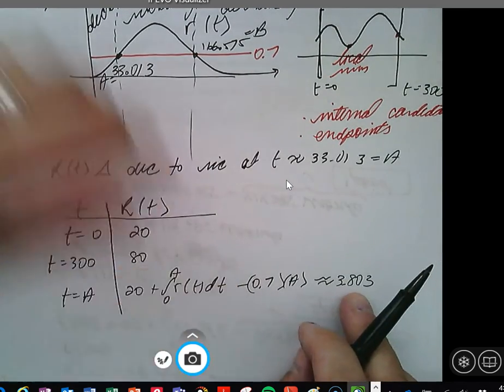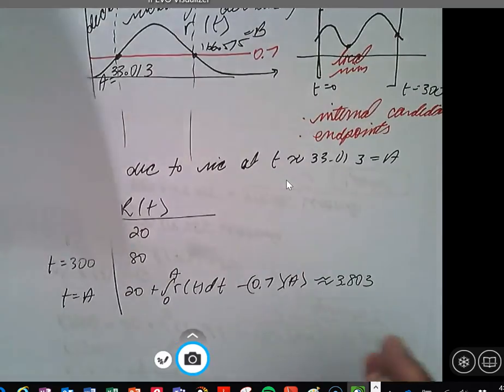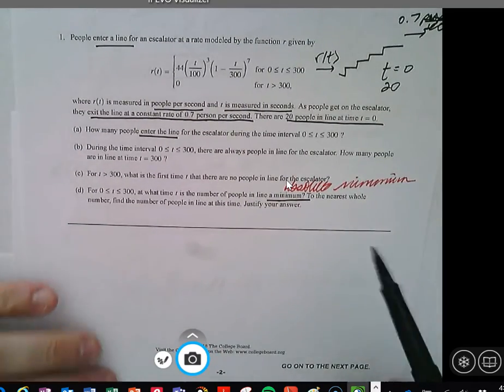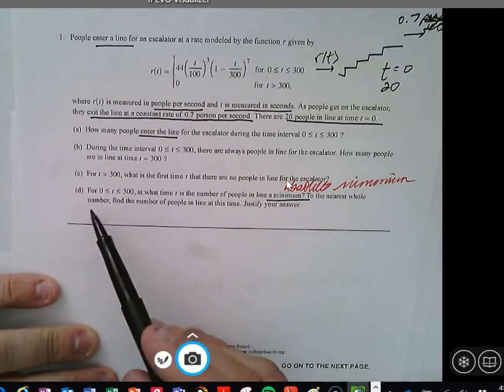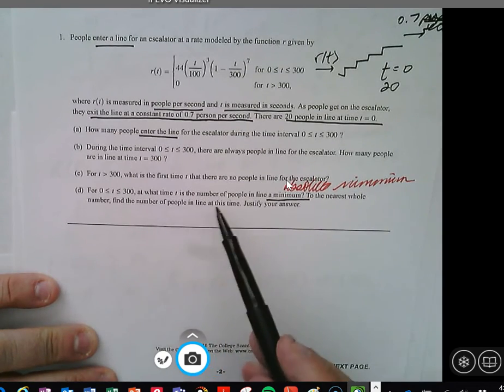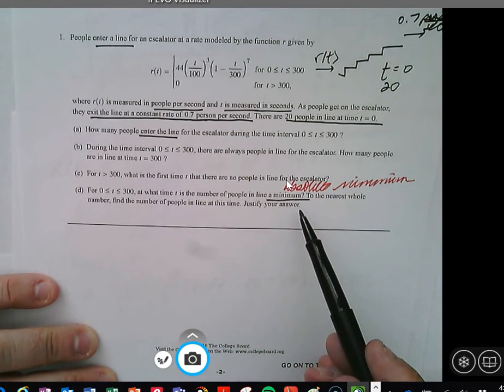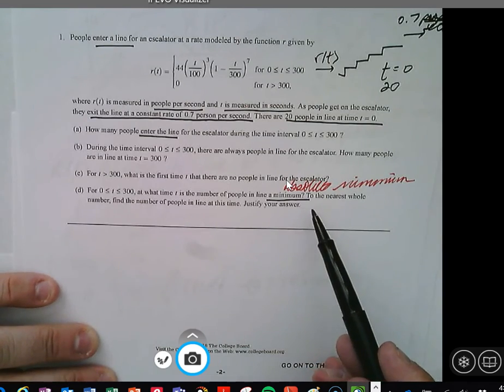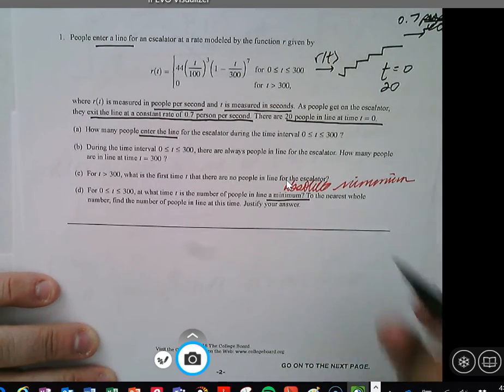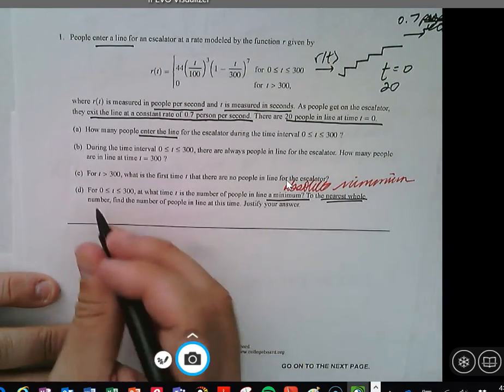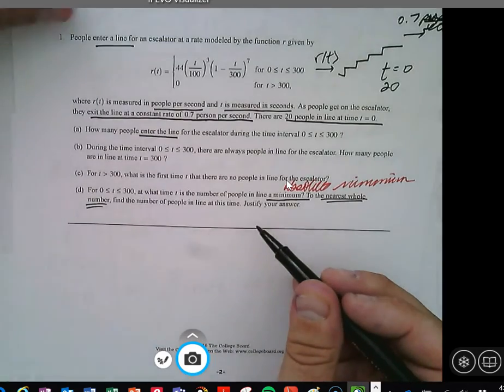But be careful. Go back to the question. The question was, for that time interval, at what time t is the number of people in line a minimum? We know that. That's the 33.013. And then to the nearest whole number, find the number of people in line at this time.